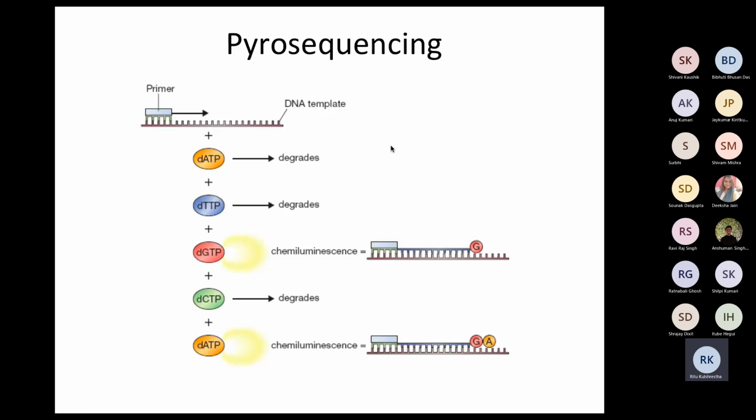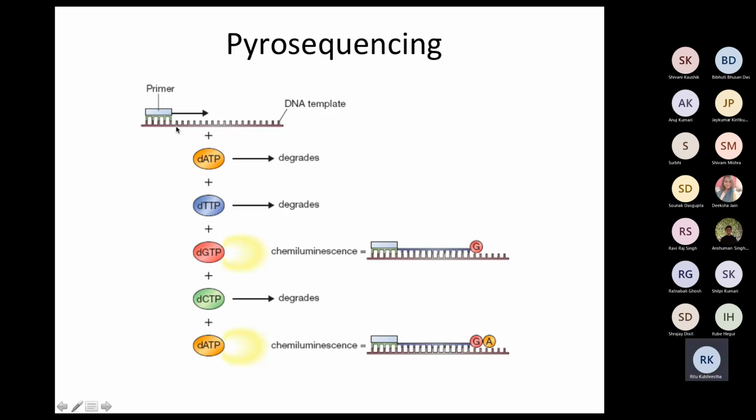Okay. So in this, let's say the first base in the template is C. Now what I do is I add dATP here. It will not make a phosphodiester bond, because it is not complementary to the template base.